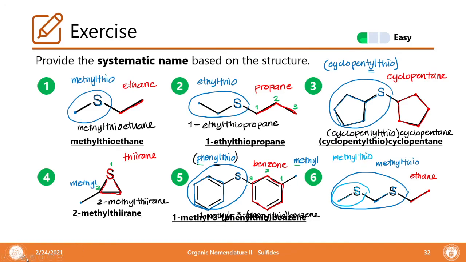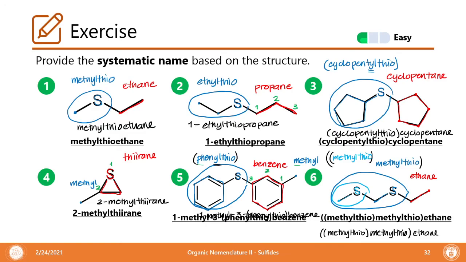Since we're using nested substituents, we'll be adding parentheses on each one. So when we assemble it, it should be 2 parentheses, methyl thio, methyl thio, ethane. Okay, let's see. Methyl thio, ethane.